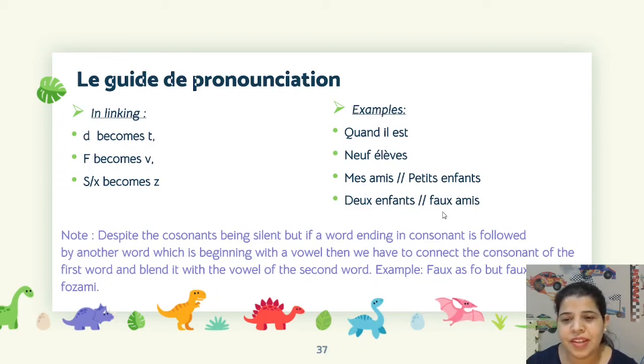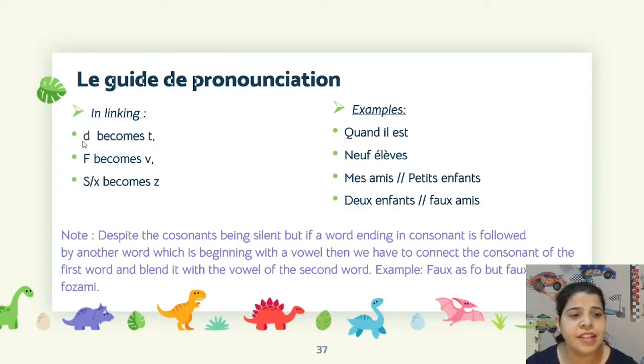Otherwise we usually say faux, and we don't say the final letter. Most of the consonants in French are not pronounced, but they are pronounced when followed by a vowel in the next word, like faux amis. Here we have the connection of the letter Z instead of X.